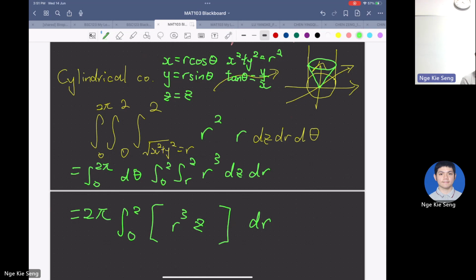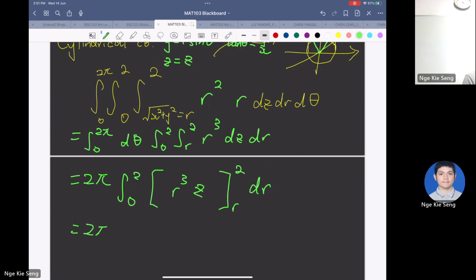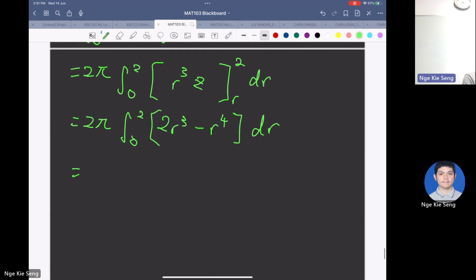So we integrate r cube, we get r cube times z, correct? So z is integrating from r to 2. So we get 2r cube minus r to the power 4, dr. So how to integrate this? I think you are good for this. Please check whether my integration is correct or not.